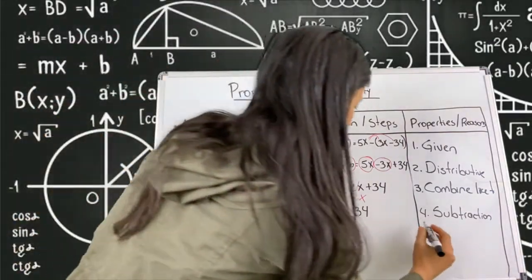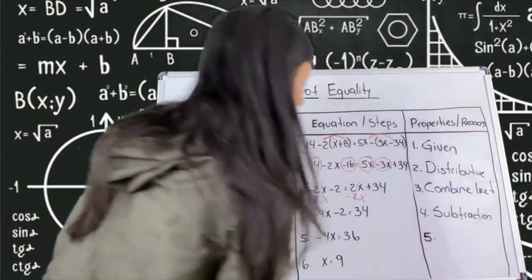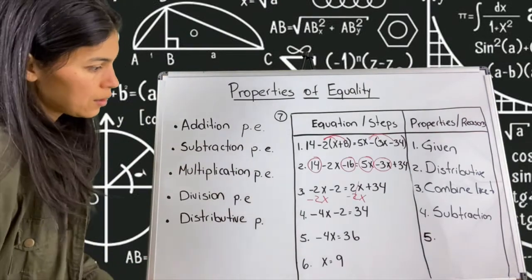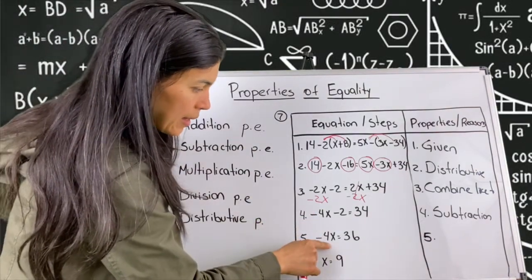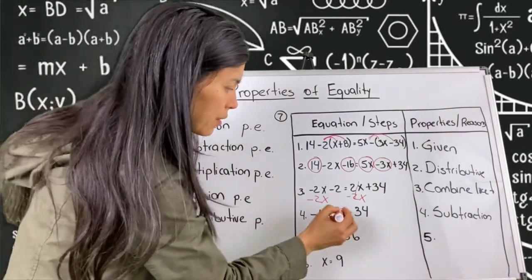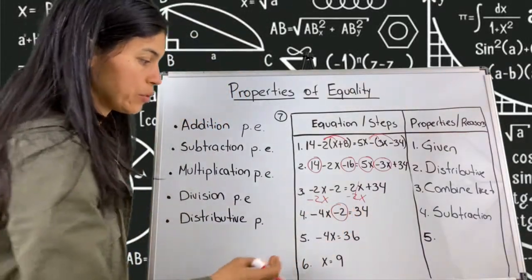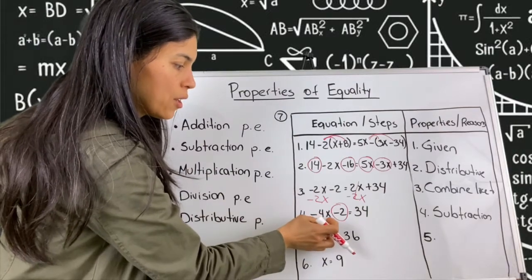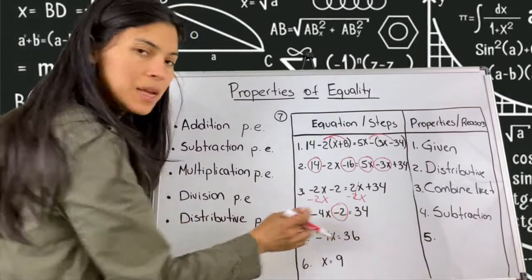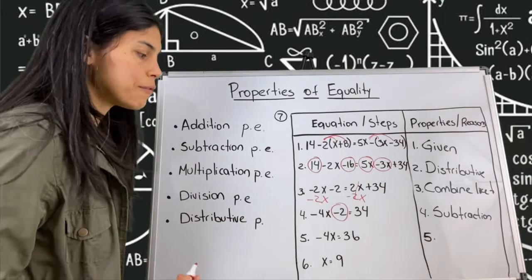Number 5. Let's see what happened in number 5. Okay, the minus 4x is still there. The 2, they got rid of these 2. How can they undo the negative 2? They isolated the variable. So in order to get rid of that, they must do the inverse operation.